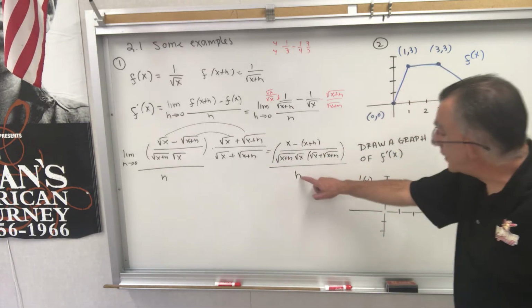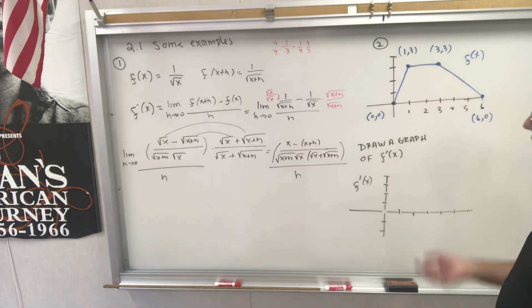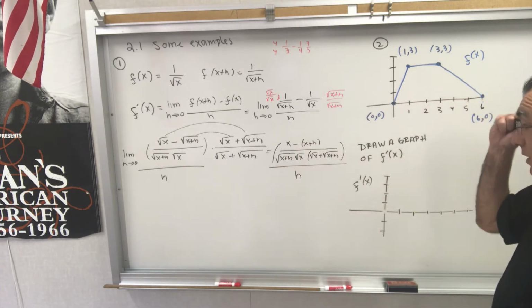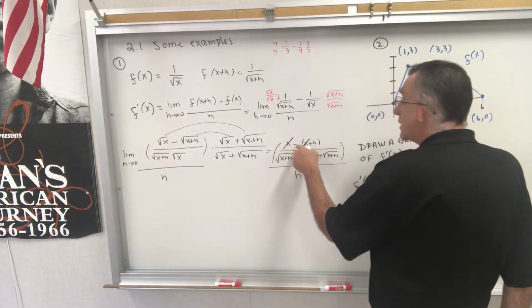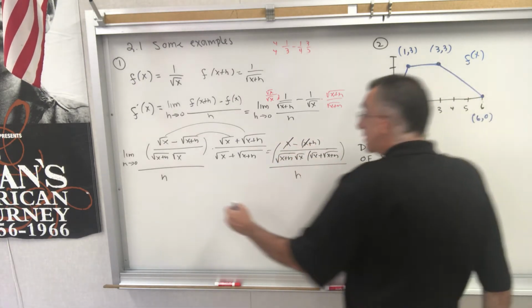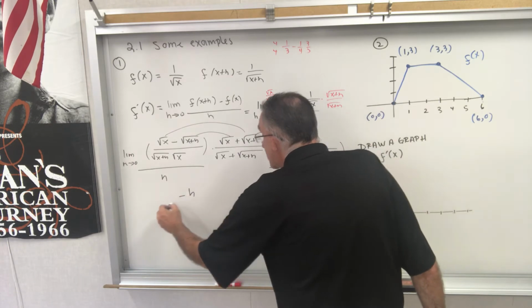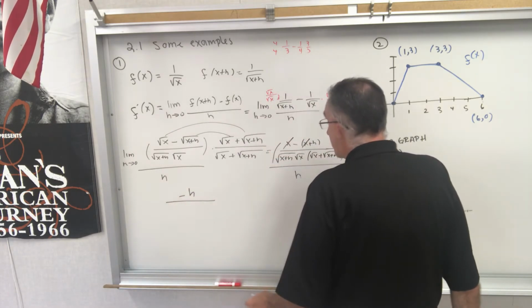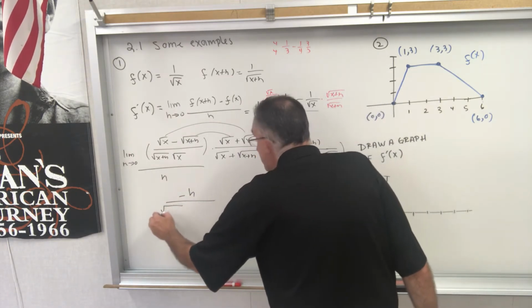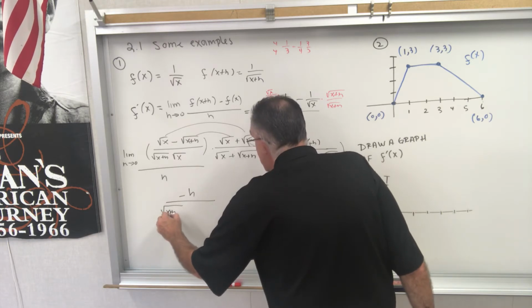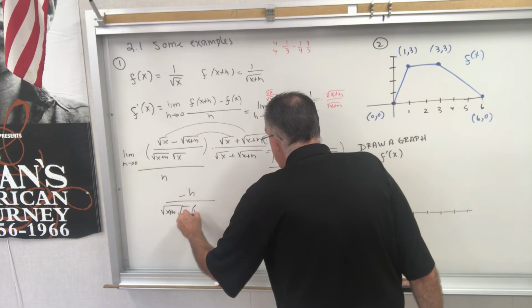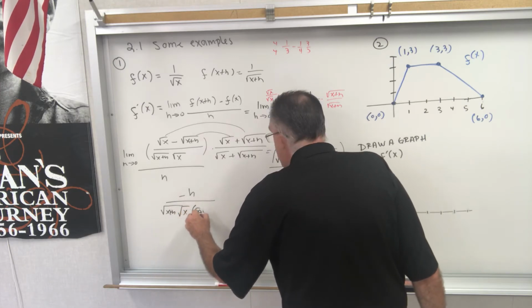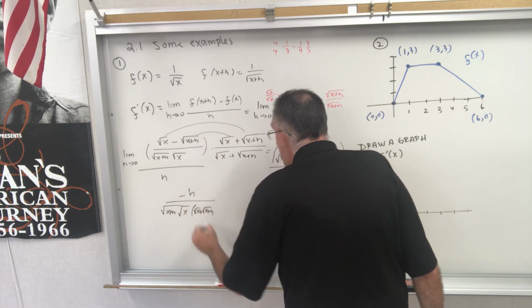Now I know I could bring the h up here, but I'm just being silly and leaving it down there for right now. So note, be careful here: the x's cancel, but that negative is attached there. So I get negative h over the square root of x times the square root of x plus h times the square root of x plus the square root of x plus h.